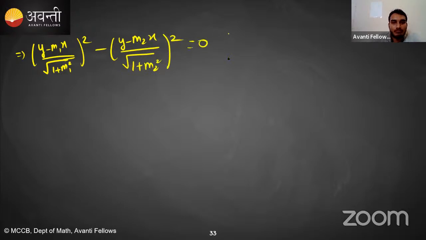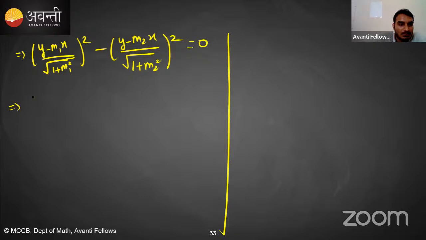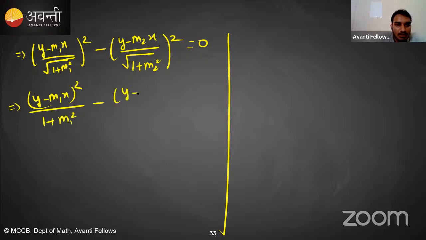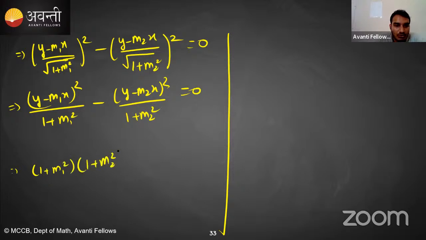Clear? Okay. So what this becomes? (y − m1x)² upon (1 + m1²) minus (y − m2x)² upon (1 + m2²) is 0. Take the LCM. The LCM is (1 + m1²)(1 + m2²).